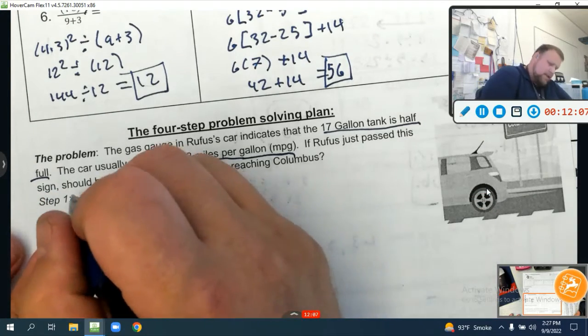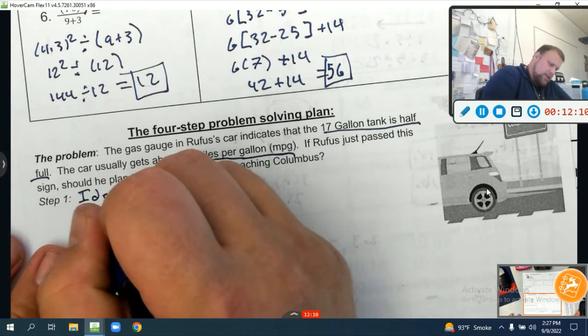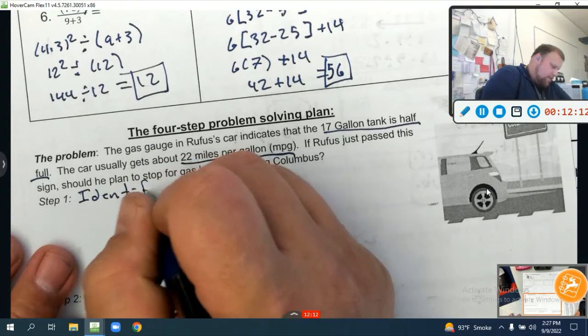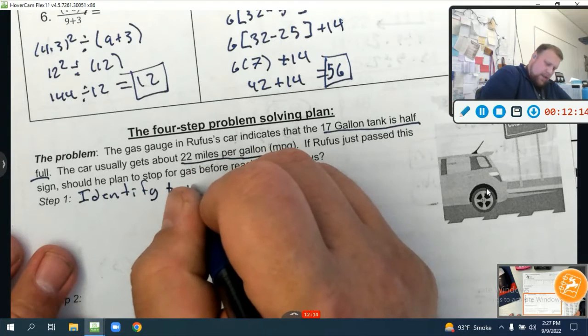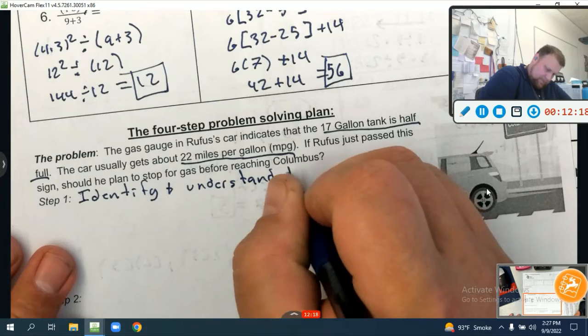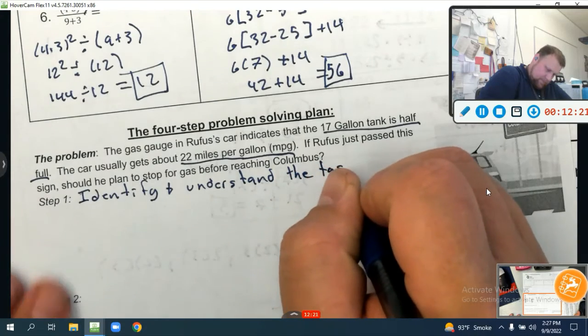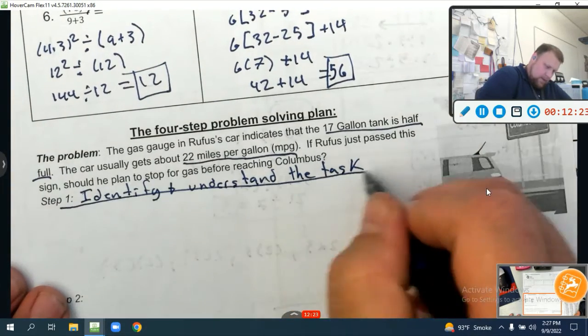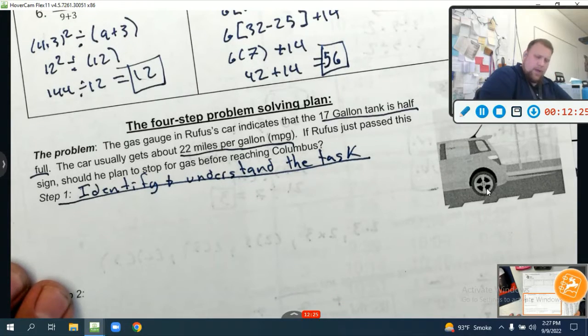So step 1 is identify. Write this down because you'll need this for the next couple of years: identify and understand the task. Let's underline that. What is the task?